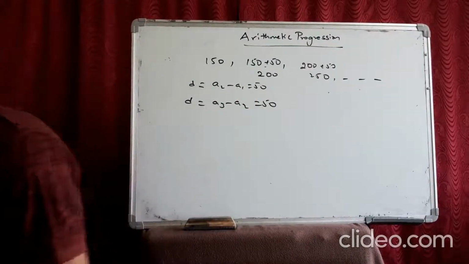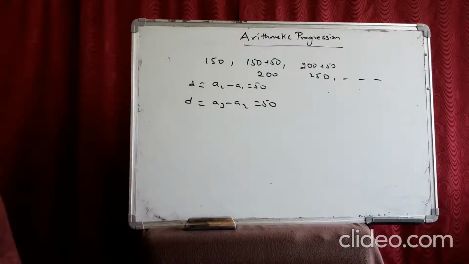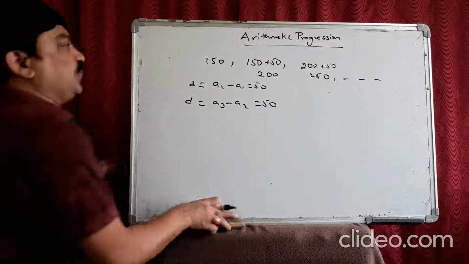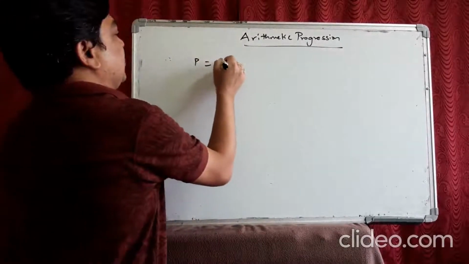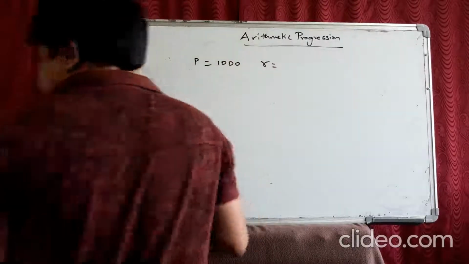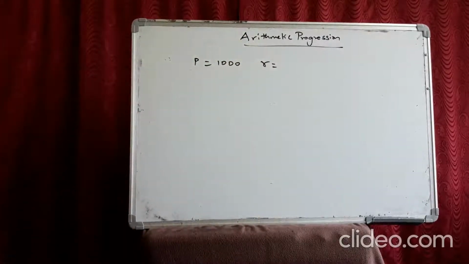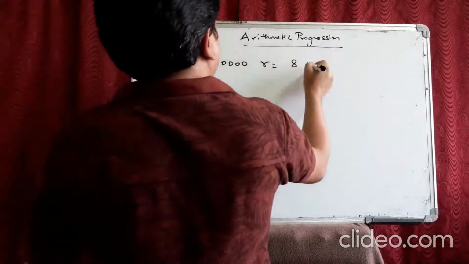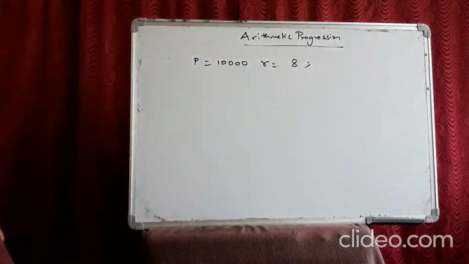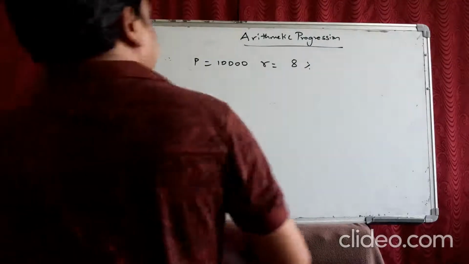Okay? Now, the last question: every year, 1000 is deposited in the account, compound interest, 8% per annum. So the principal amount is 10,000 rupees, rate of interest is 8% per annum.